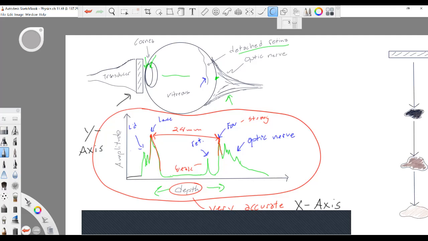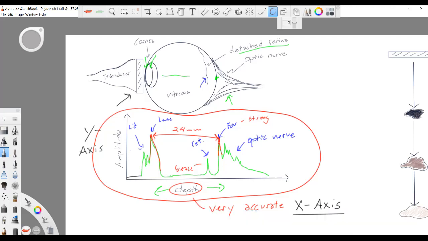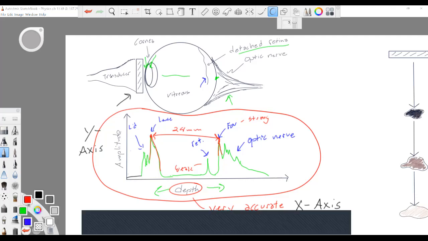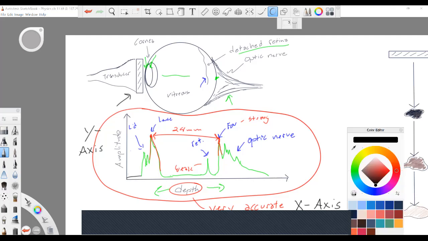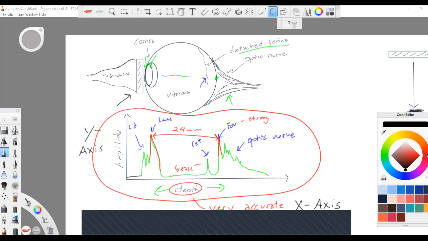I hope this made sense, and I think in the book it actually gives a pretty good indicator of how these work as well. The big things to know: once again, know your x-axis, your y-axis.